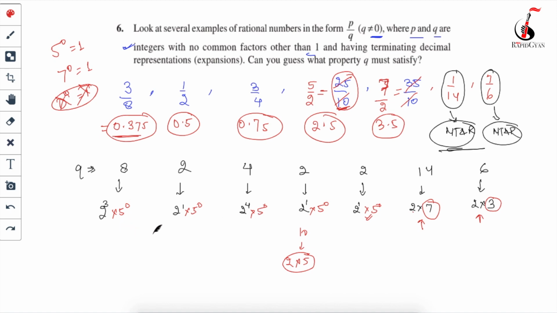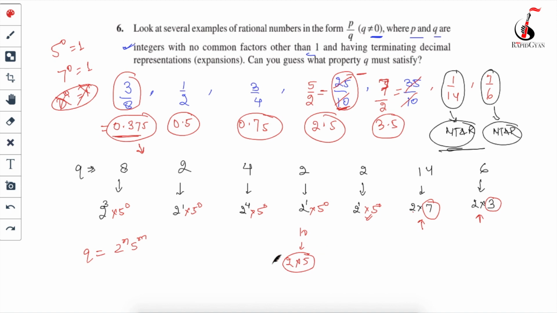The simple conclusion is that if your denominator Q is 2 to the power n and 5 to the power m, where n and m are whole numbers, then the decimal expression of the rational number will be a terminating decimal expression.